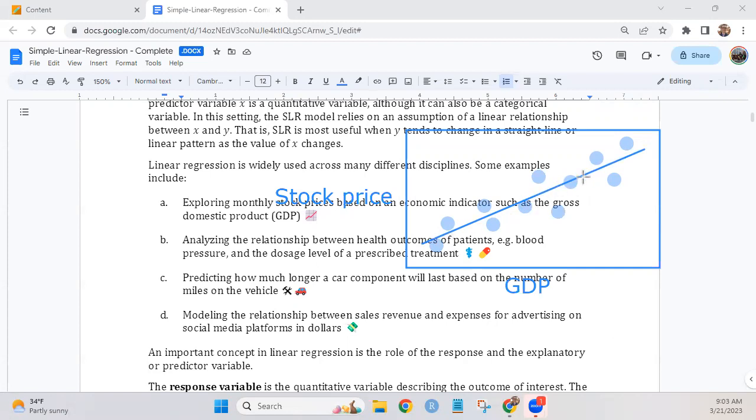It's sloping upward, right? Looking at the same chart, we were thinking about, well, what if GDP is decreasing? What we mean by that is moving from right to left on the plot. So GDP would be going down. Does that change the slope of the line describing the relationship?